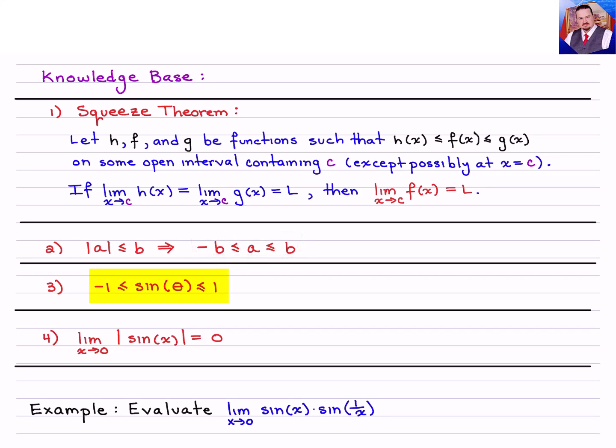We need to know sine is bounded by -1 and 1, which equivalently would be the same as saying the absolute value of sine of theta is less than or equal to 1. In fact, you're seeing a slight application of this number 2 right here as well. Of course, here we have the biconditional. And the limit of the absolute value of sine x as x goes to 0 is 0. That's a simple limit, but we'll need that as well.